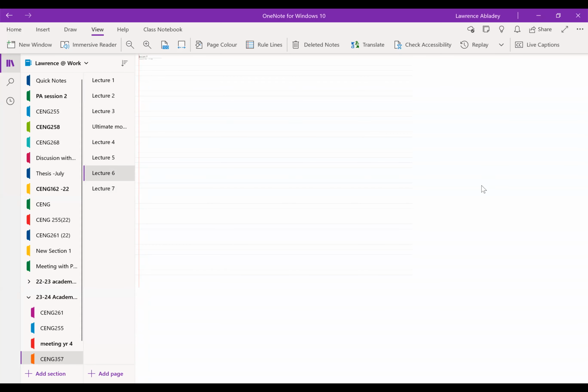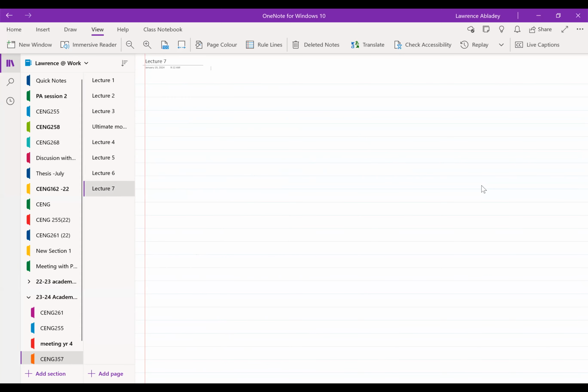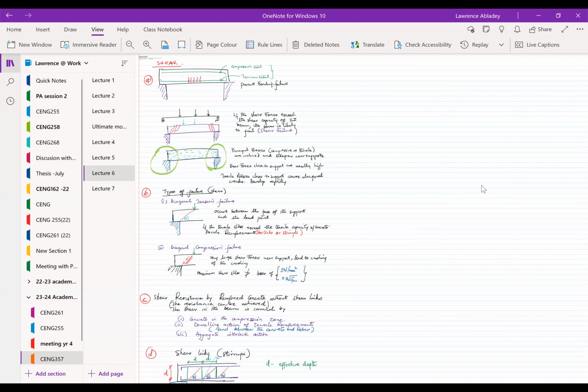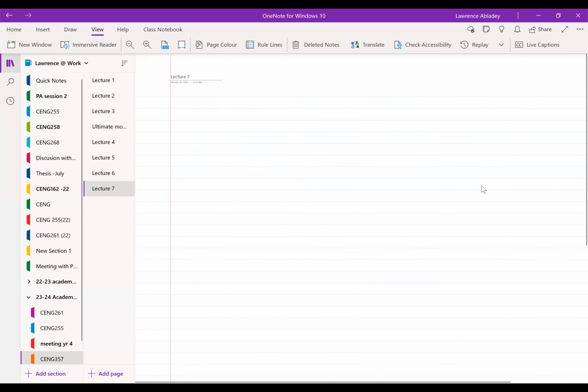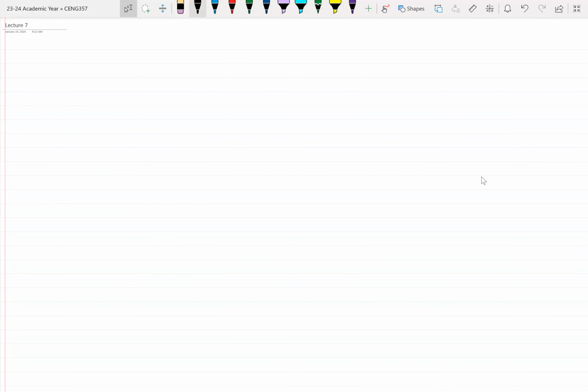So we have been doing a lot. Let me just summarize what we've been doing so far. Basically, what we've been looking at for the past few weeks has been how to design beams.